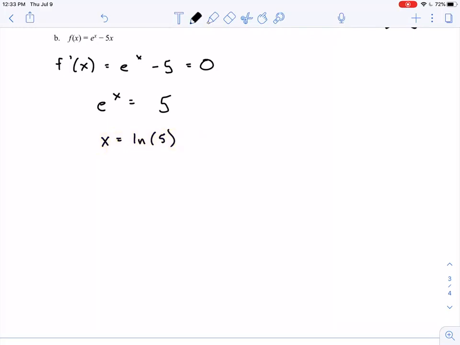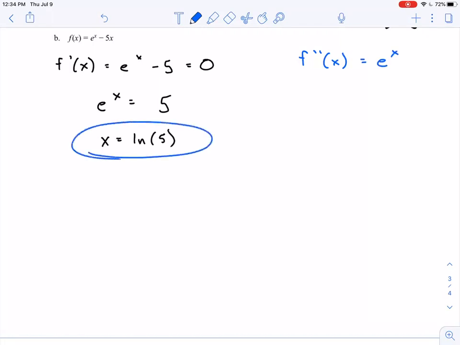So I have my critical number. Now I just need to determine, is this the location of a local maximum or a local minimum? I want to use the second derivative test, which means I need the second derivative. So f double prime of x, the derivative of e to the x minus 5, is just going to be e to the x.